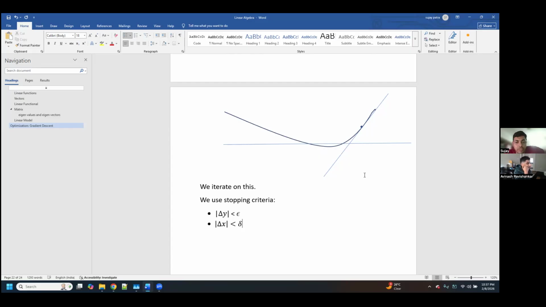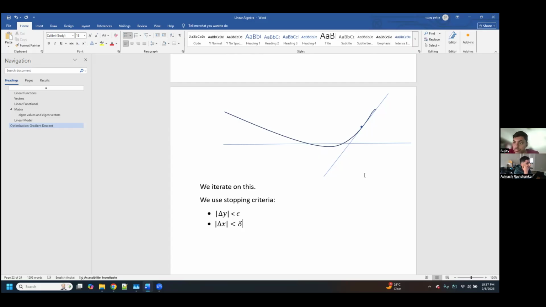Anyways, this is the basics of what a gradient-based method tries to do. It tries to find the gradient at that point. Based on the gradient, it draws a tangent, or does a linear approximation in another language. And that linear approximation tells you where to go next.